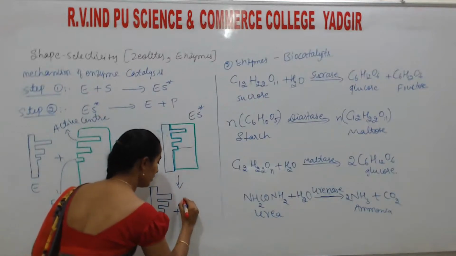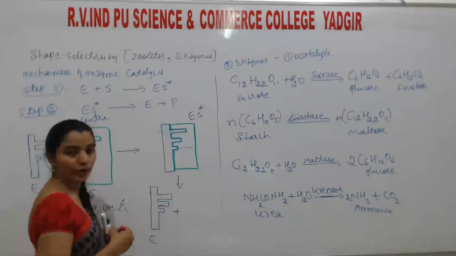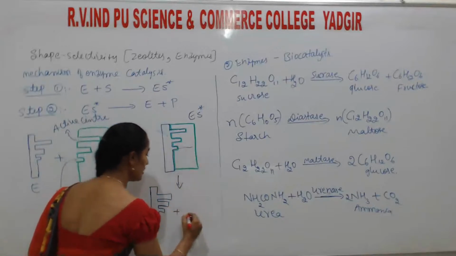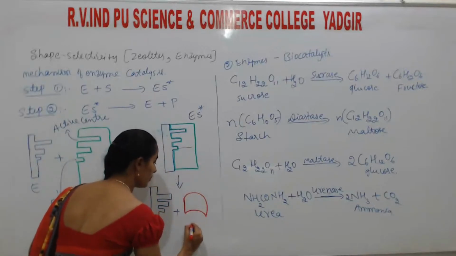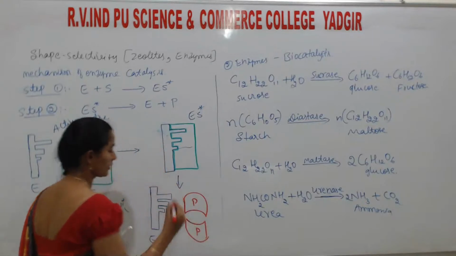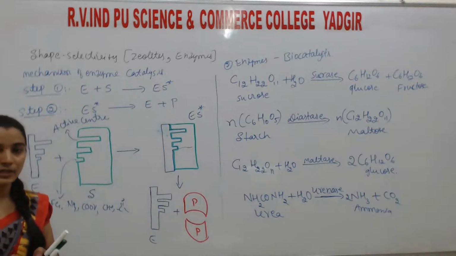If it breaks here, the products may be like this. They form products. This is how the mechanism takes place.